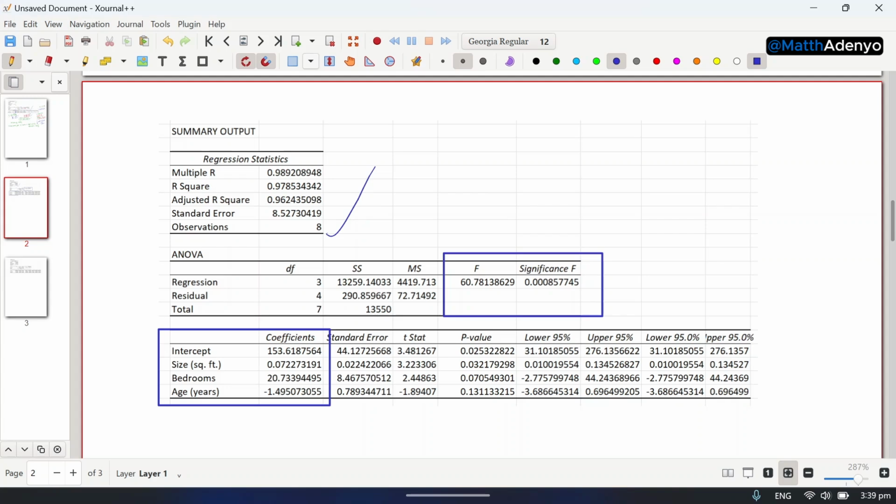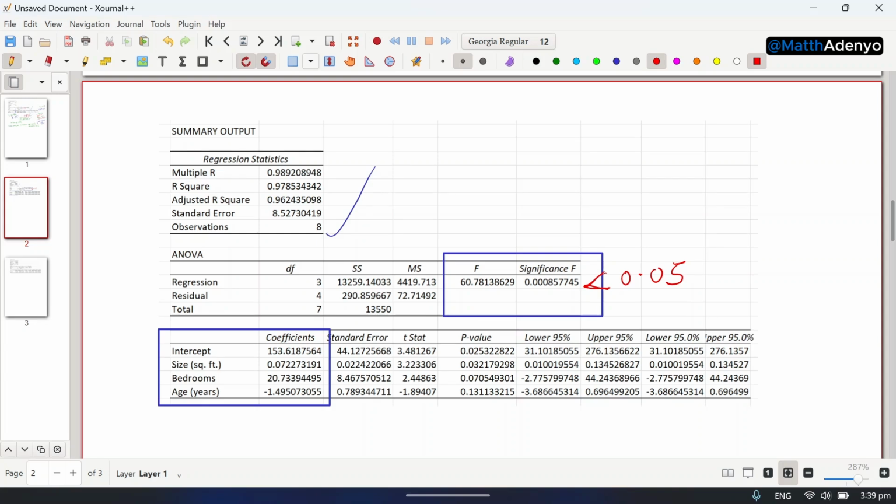And the significance F, you can see, is far less than 0.05. So we are going to reject the null hypothesis and conclude that there is a significant relationship between the independent variables and the dependent variable.